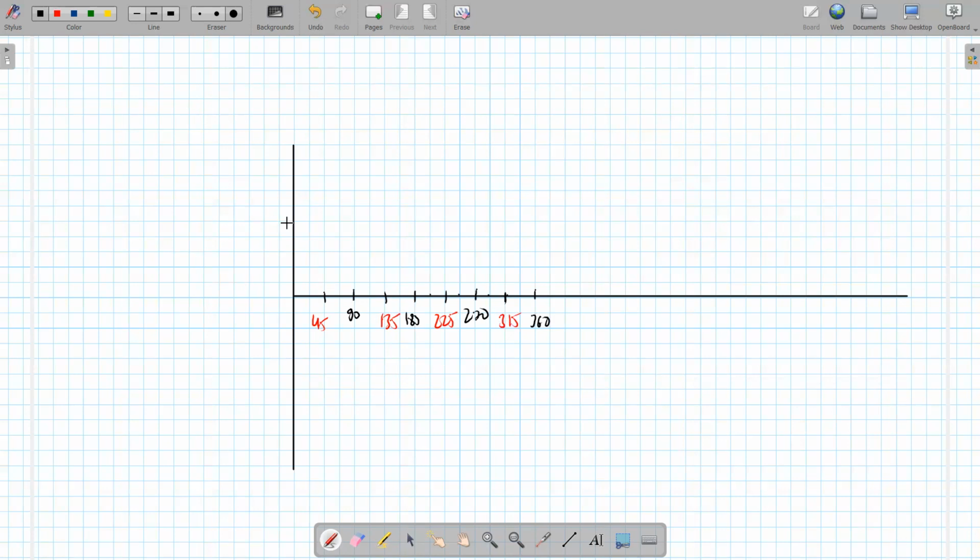The sine curve starts at the origin. Sine x starts here, and it goes up. You can think of this as where it's going to meet some critical points.